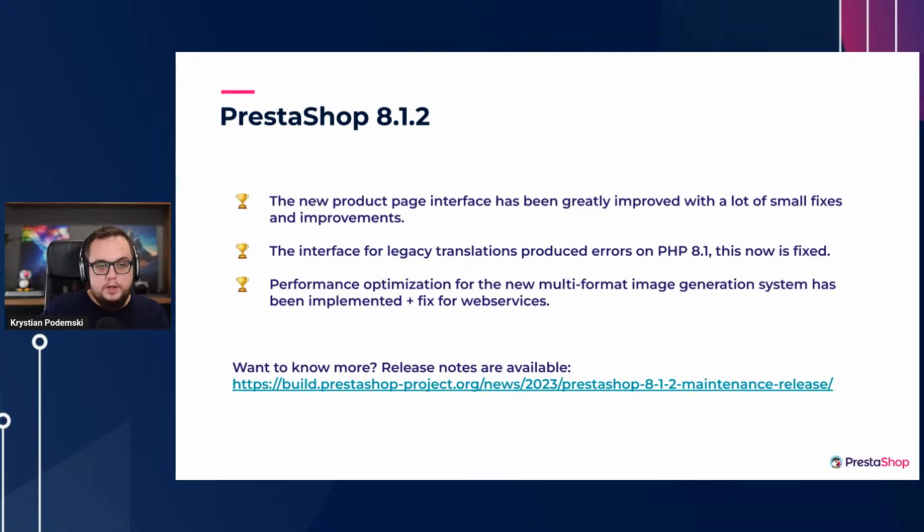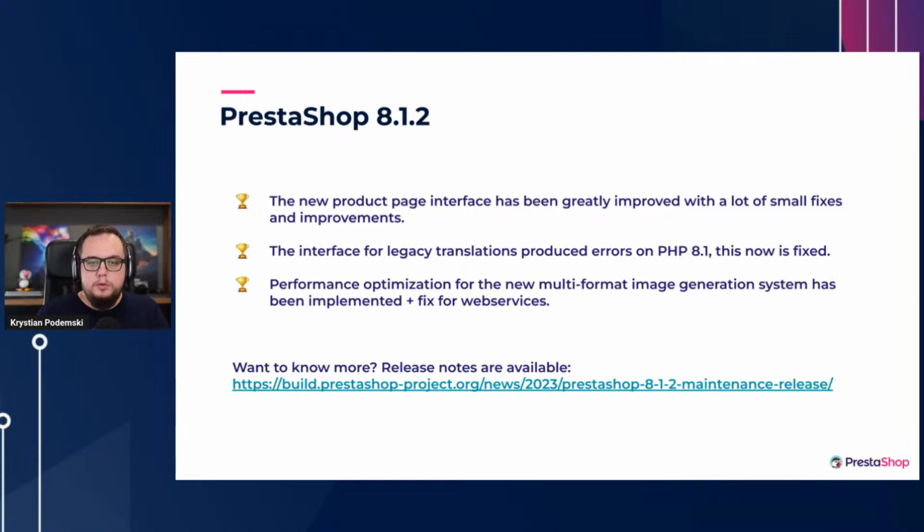What else? Well, as you probably know, 8.1 introduced the new product page, and it is a great step forward for every merchant in our ecosystem, but this page isn't perfect. We've received a lot of community feedback regarding the new product page, and in 8.1.2 we've implemented a lot of great improvements in different areas of the page, on the responsive side, on mobile devices.